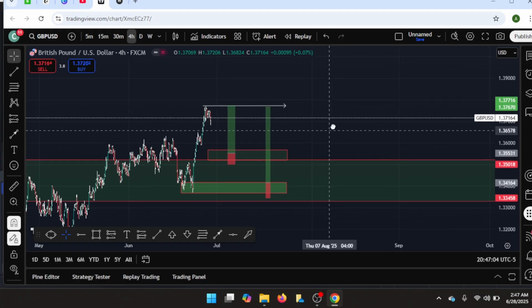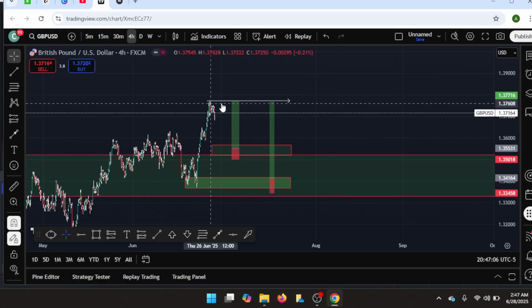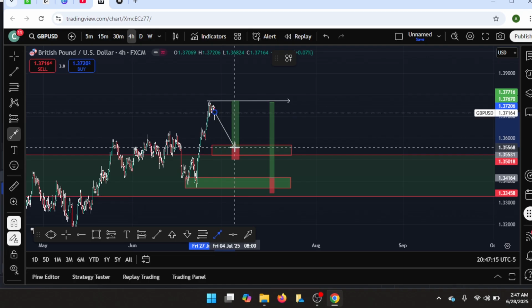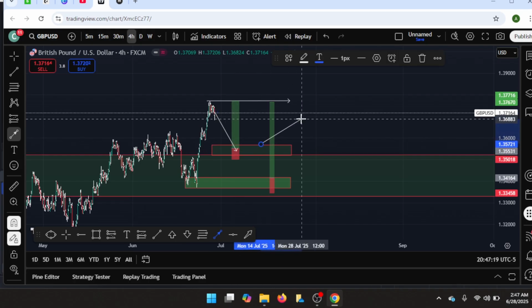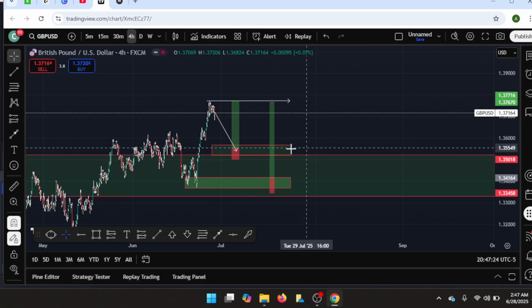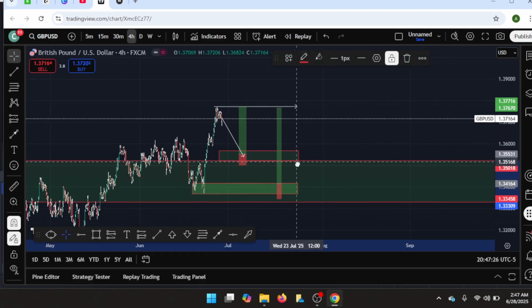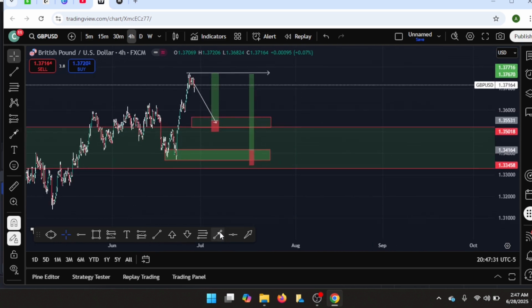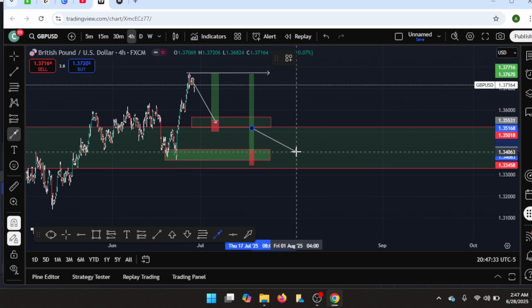When I come into the market, let's hope that the pullback or the retracement will continue from here all the way down to this zone. Don't forget, I said this 50% Fibonacci, then this 61% Fib.